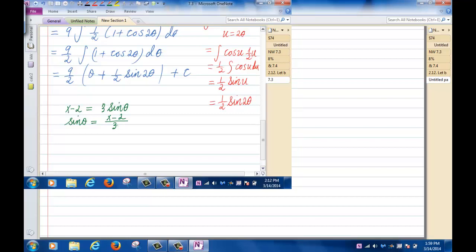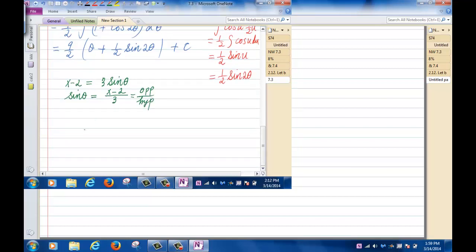So we know sine is what? Opposite over the hypotenuse. I'm not going to make a circle or anything, I'm going to make just a right triangle. And let's say theta is this angle here, then the opposite, I can take the opposite to be what? X minus 2. The hypotenuse would be 3.